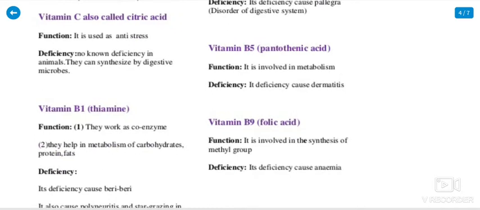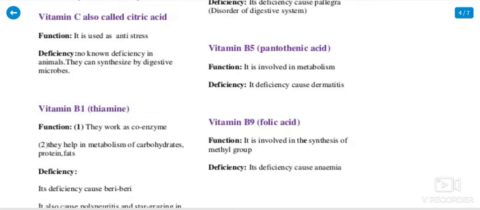And vitamin B5 is pantothenic acid. The function of B5 is that it is involved in metabolism. Its deficiency causes dermatitis, which is also a skin disorder.